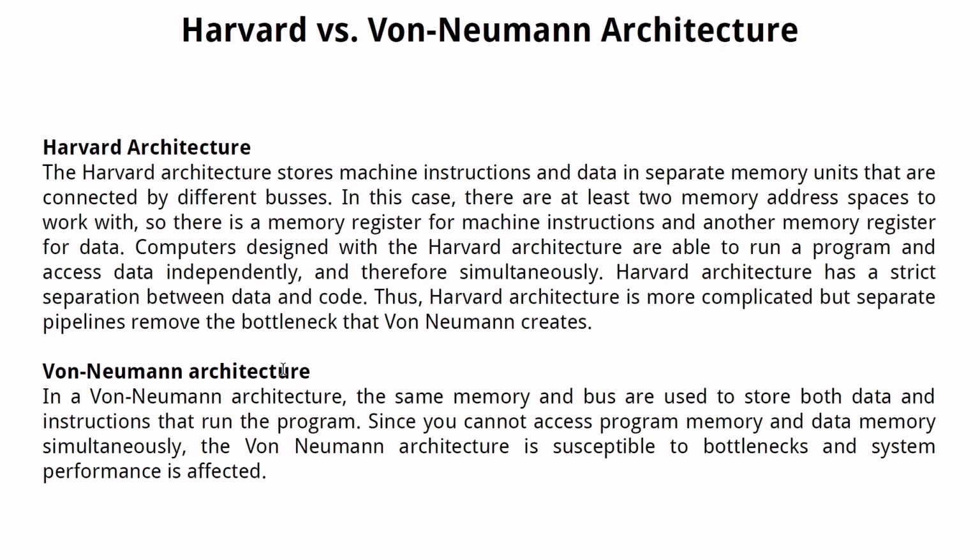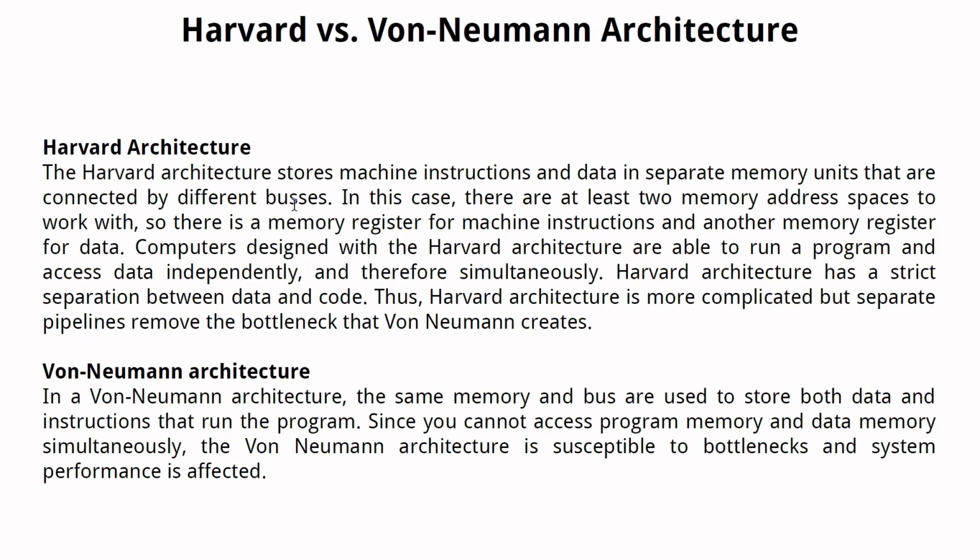There is another architecture called the Harvard architecture, designed obviously by Harvard. That architecture stores machine instructions and data in separate memory units. So from one bus, you always get instructions. From another bus, you always get data. So you will never misinterpret data as instructions.